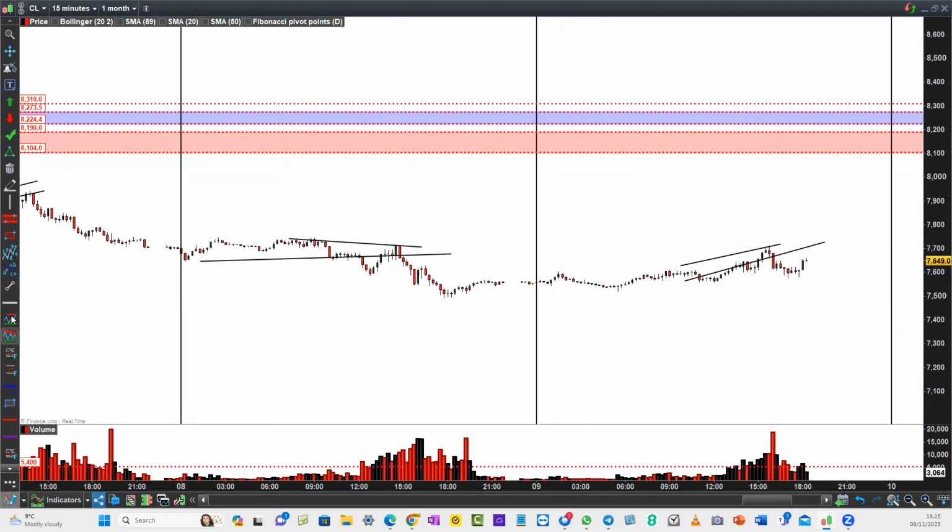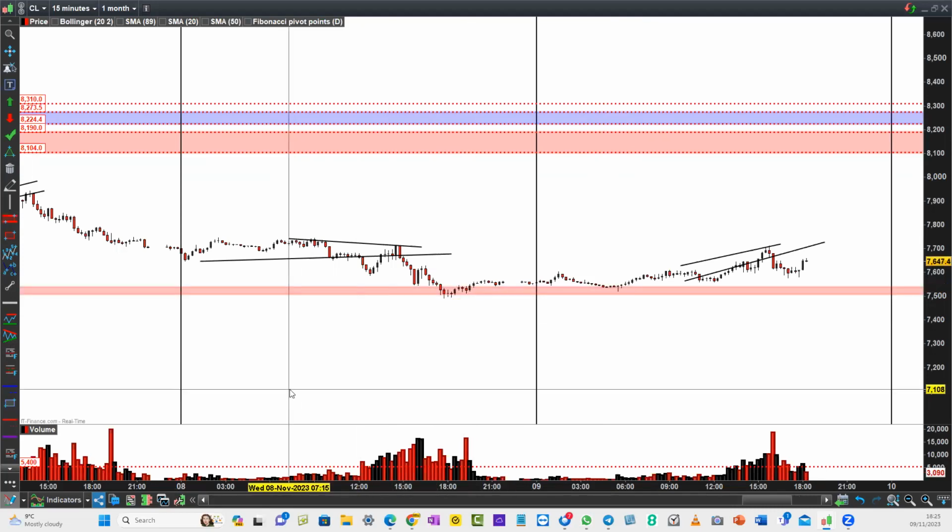Another thing you can do, which I don't normally do, is mark off the end of the session, because what I'm doing here is connecting the previous day's price action to the current day's price, but I'm connecting it intra-week. By looking at the Monday open zone, I'm able to have higher probability trades by making sure I'm on the right side of the daily trend, and on the right side of the intraday trend.